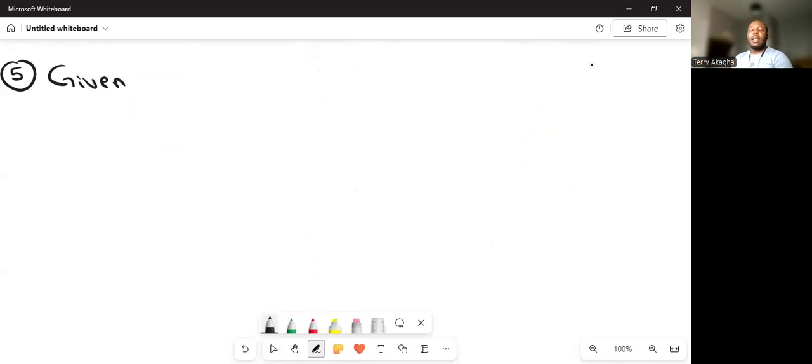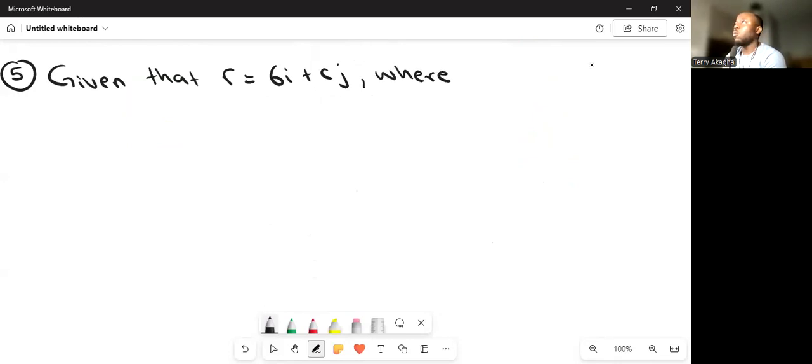We're told, given that r is equal to 6i plus cj, where c is a positive constant.